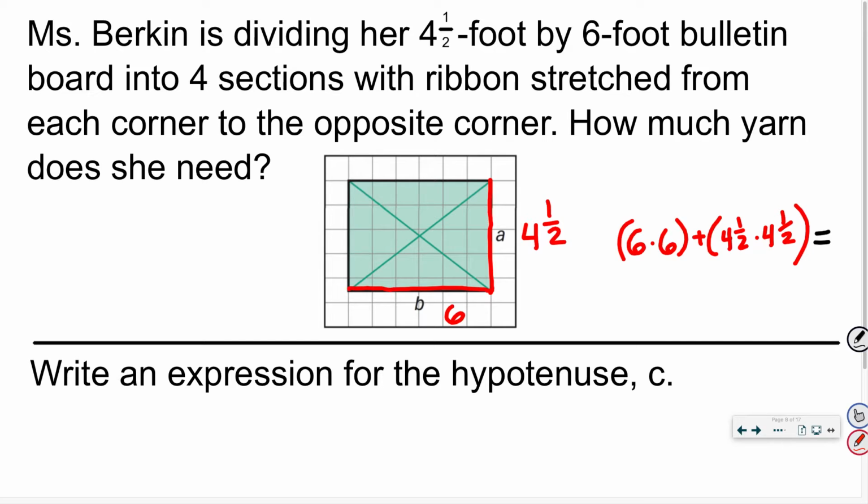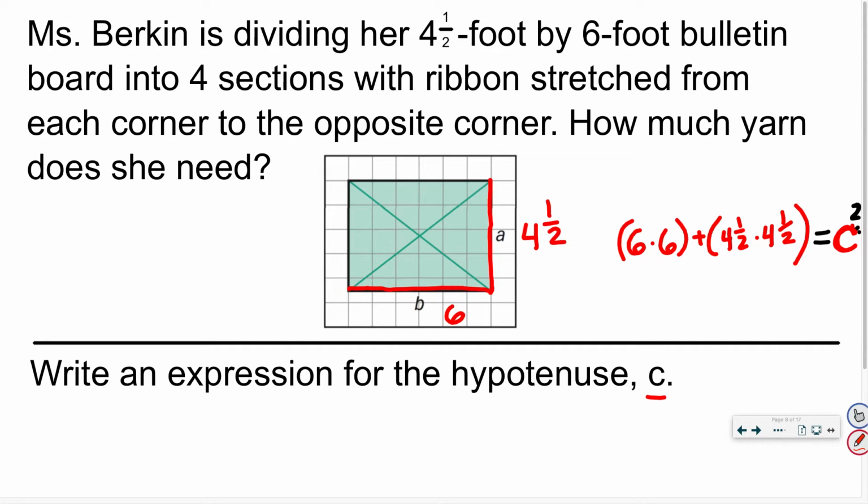What would it be? It would be the hypotenuse squared. I'll use C just to show it, but that calculation that we're walking through right now is not actually the answer, right? It's going to represent C squared.